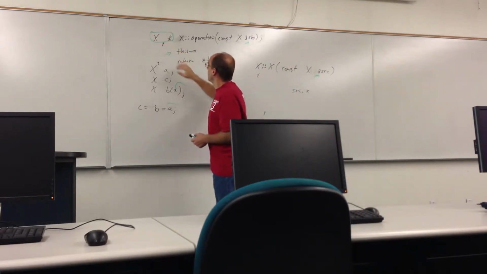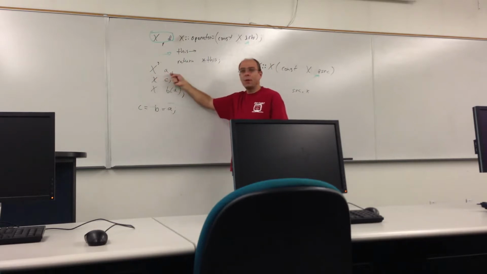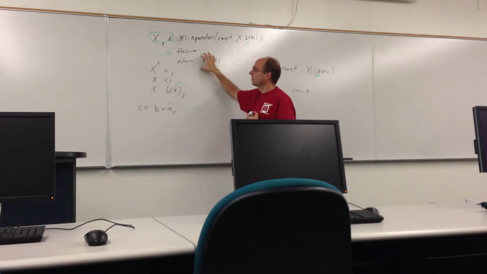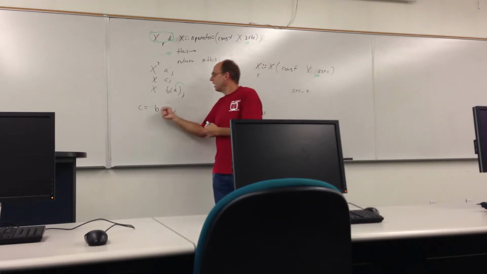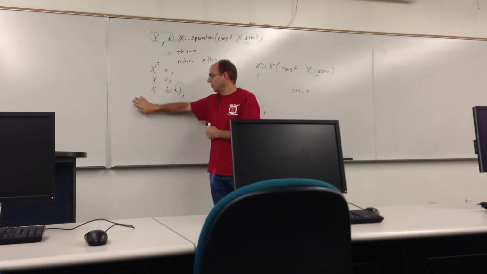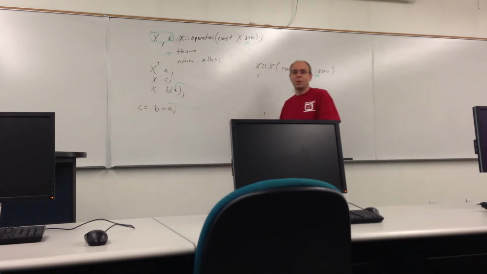Since there's no reference there, then on the stack, the compiler generates a temporary object of type X using the copy constructor, copies the entire contents of this onto the stack, and then that gets put in place for the next assignment if it's necessary. And if there is no other assignment, then it gets thrown away after that. But your copy constructor will be used to make an identical copy of the object you're returning. So if your object is of any appreciable size, then you're going to have a major inefficiency.